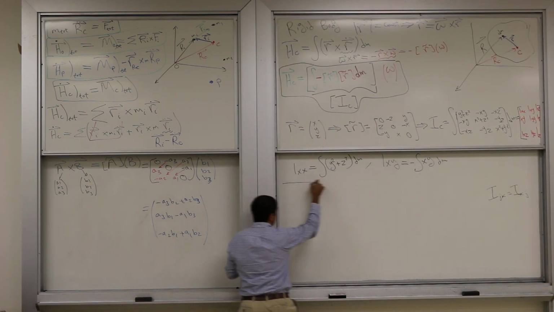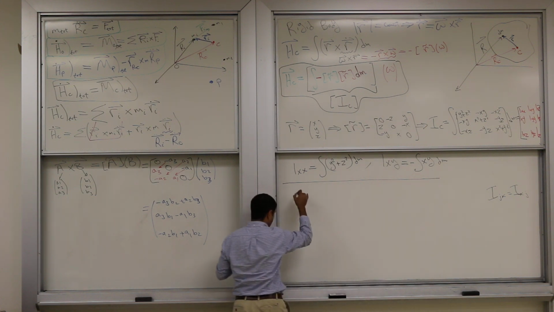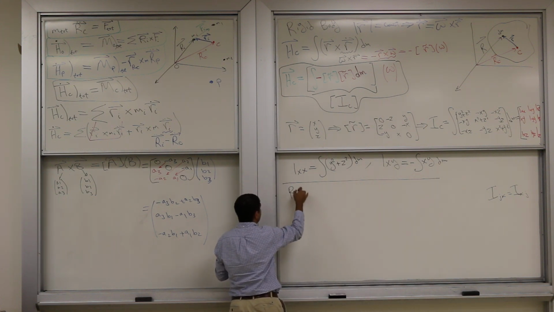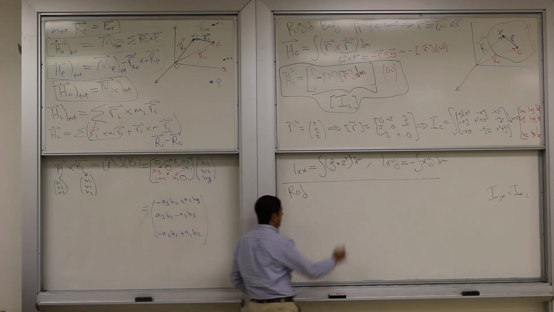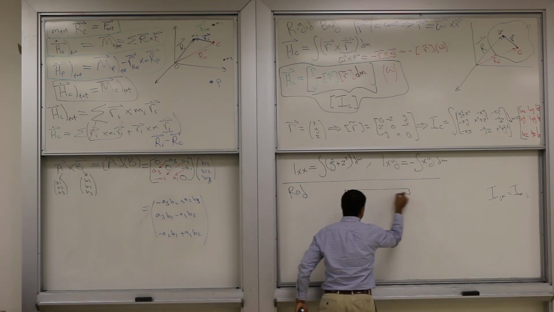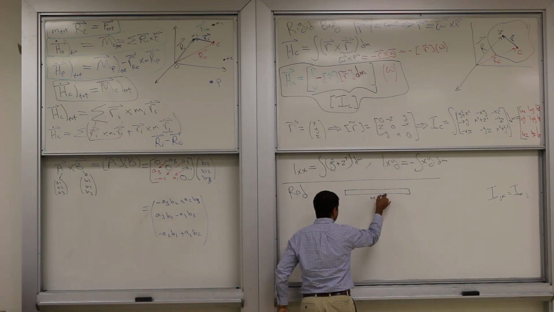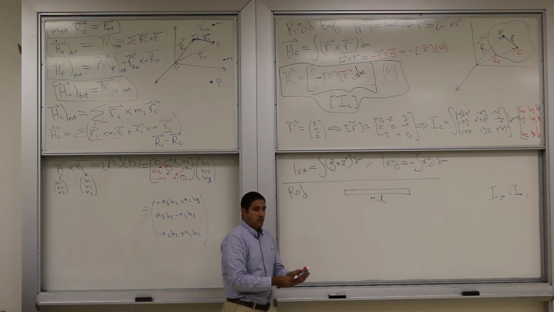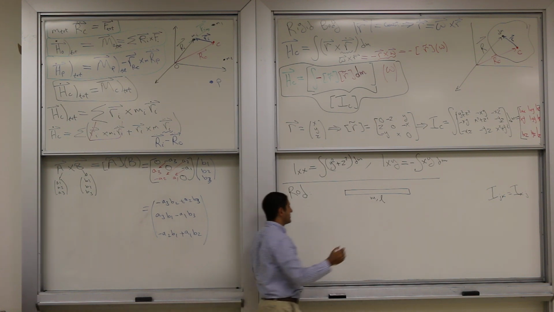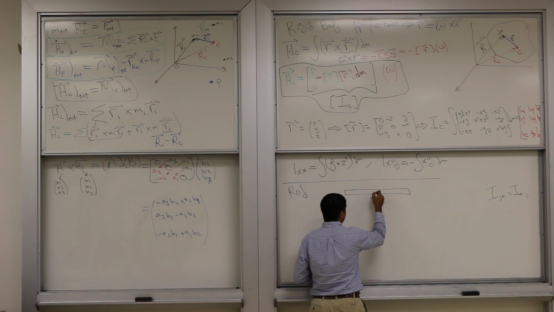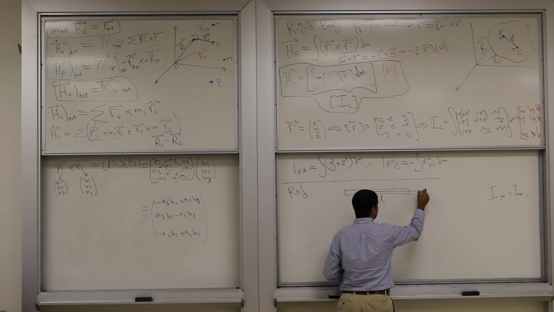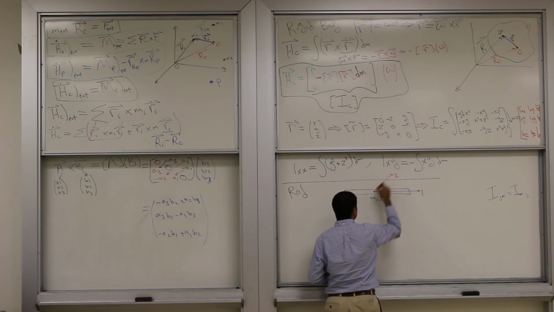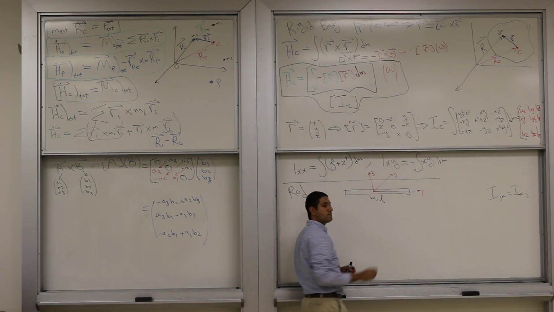So for a rod, for example, some examples for moments of inertia. Here is a rod of mass m and length L. We're interested in the center of mass, so here it is in the middle. I have three axes, one longitudinal and two lateral, 2 and 3. Okay?